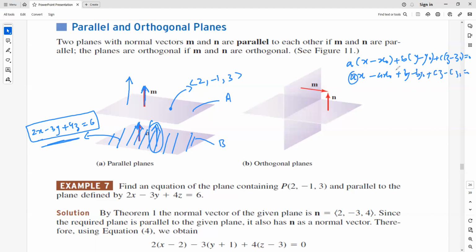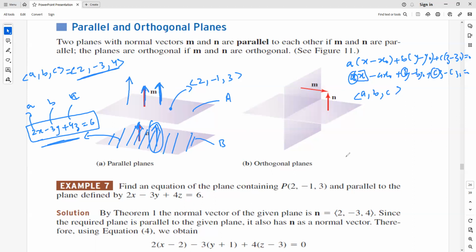So the a, b, and c associated with x, y, z are nothing but the normal vector a, b, c. From here we can see a is 2, b is -3, and c is 4. So the vector that is normal to plane B is 2, -3, 4. Similarly, this vector is normal to plane A as well, because both planes are parallel.